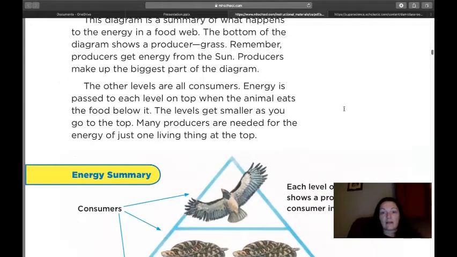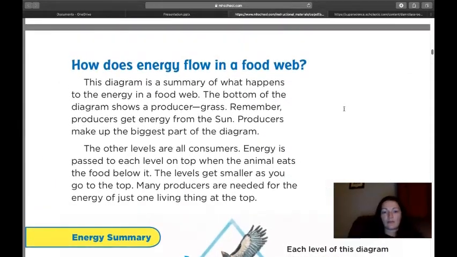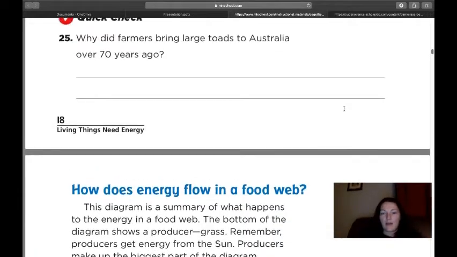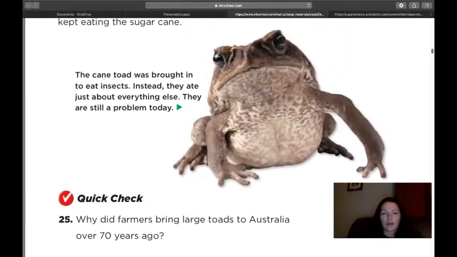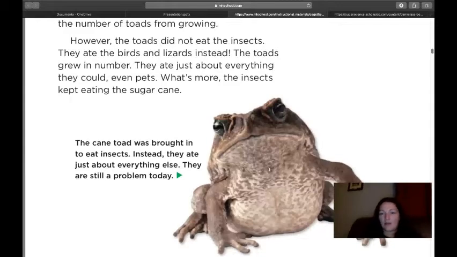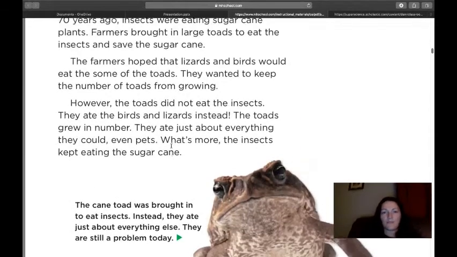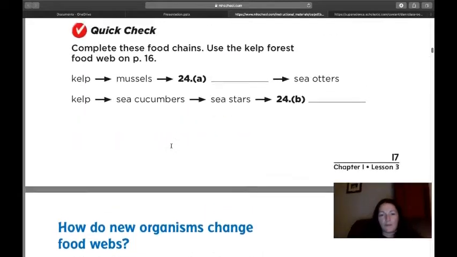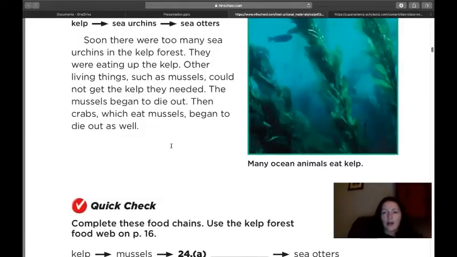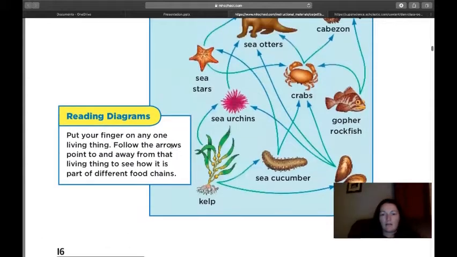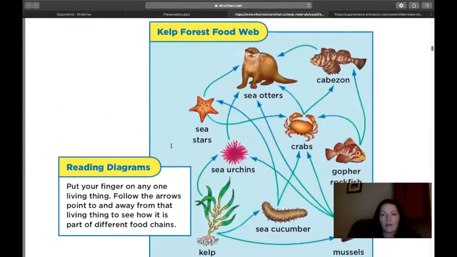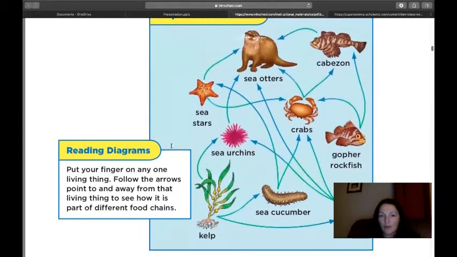And I see lots and lots of additional features here, but in this lesson, there were so many diagrams. And this is a picture with a nice caption here. But we have the pyramid diagram, and then up here again, we have the kelp forest food web diagram, the arrows.